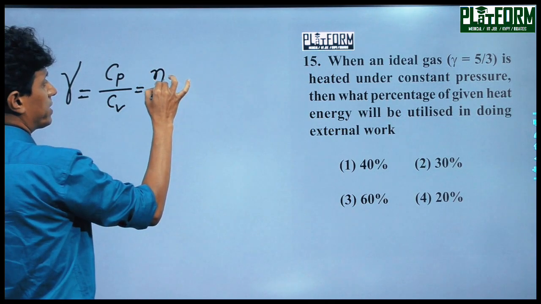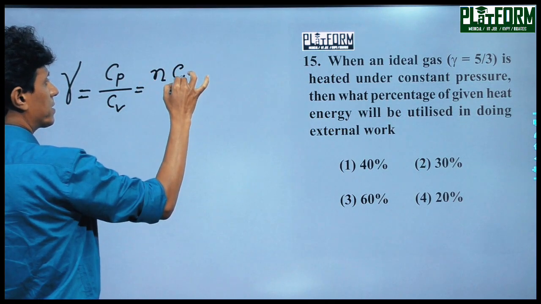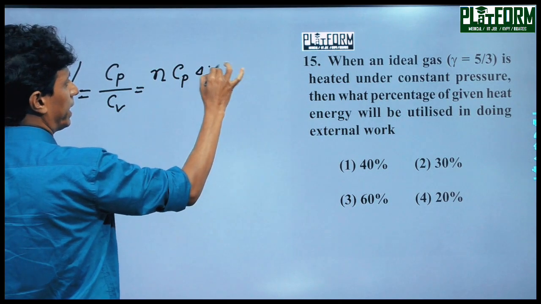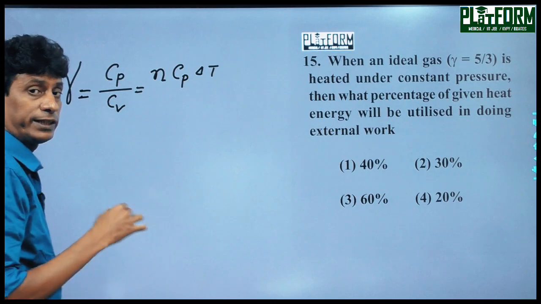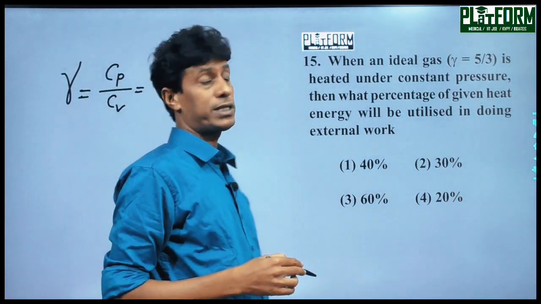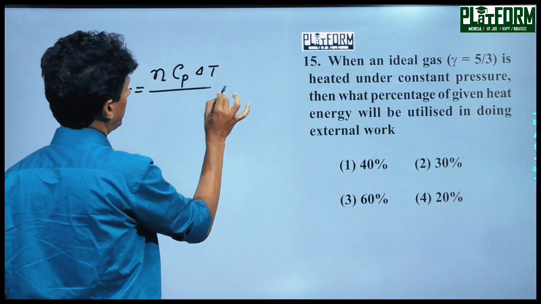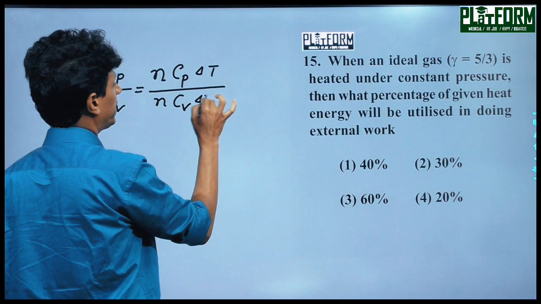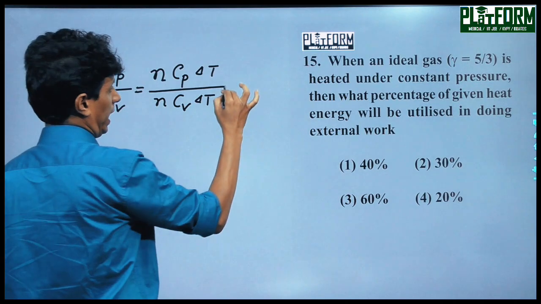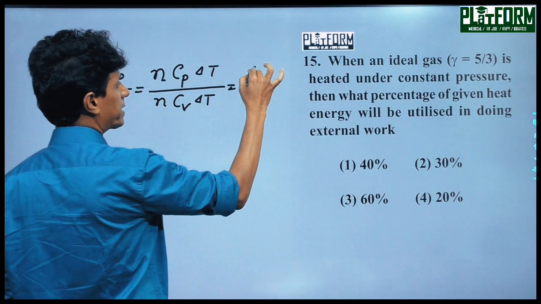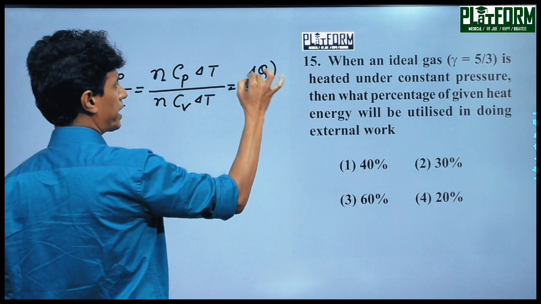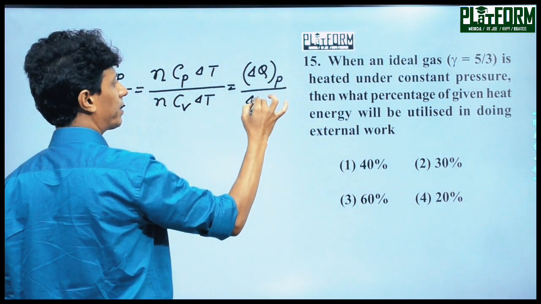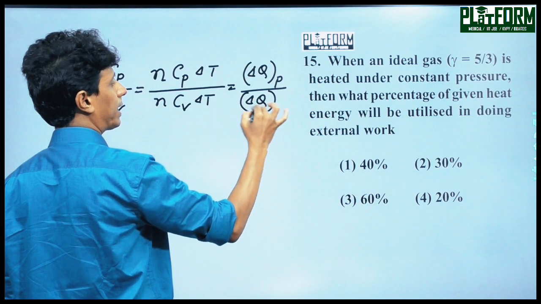N is the number of moles, it is Cp, and the temperature change, let us say del T. Since the heat is supplied to the gas at constant pressure, so N Cp del T by N Cv del T. This is the heat supplied at constant pressure, and this is the heat supplied at constant volume.